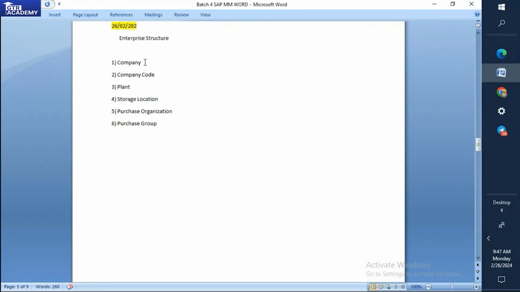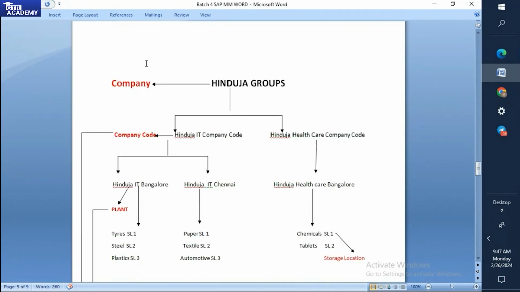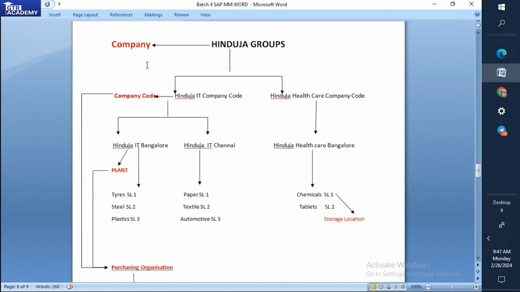So I'll give you one flowchart. Just see this flowchart, right? To take one example, suppose we take Hinduja group. You can imagine Hinduja group as a company. At the company level, it will set its own master data and its own independent tables, and it is the first level, the highest level in the enterprise organization.